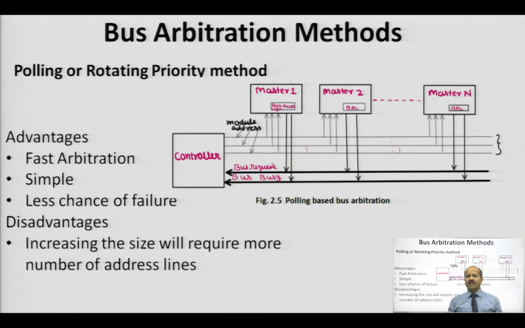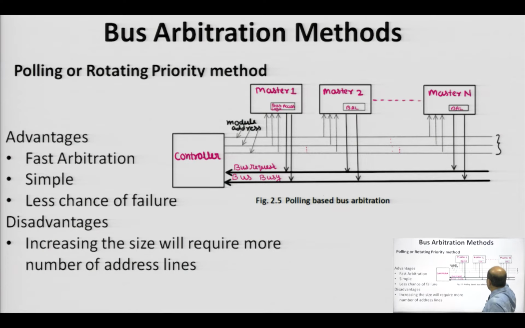Let us talk about the next scheme where a few drawbacks have been resolved. The next scheme is called the polling or rotating priority method. In this case, all the masters are connected through address lines. Separate address lines are used to connect different masters. Suppose there are n masters connected in this system, so accordingly that number of address lines are required.